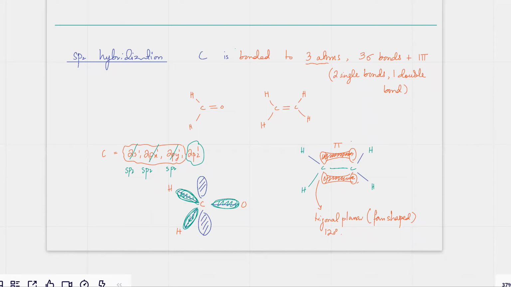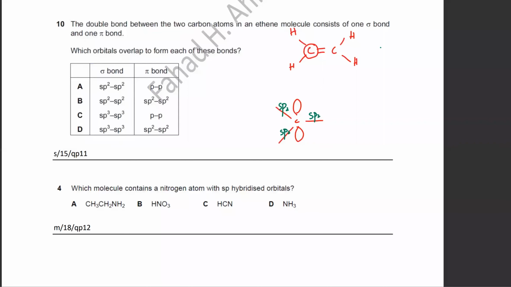So in this question, they're asking who ends up forming the sigma bond. So it's basically sp2 and sp2 hybrid orbitals that are combining together. I mean, the other carbon atom, it's again sp2 hybrid orbitals.